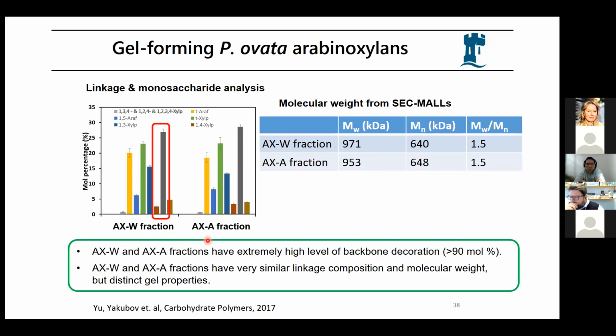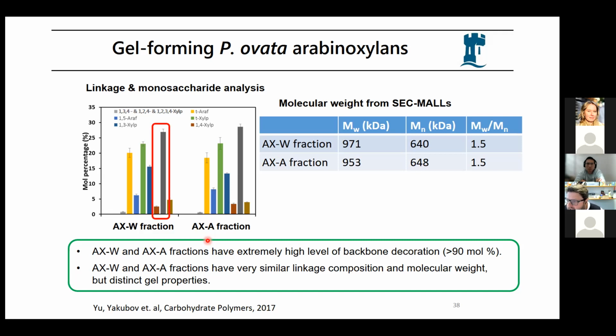The first thing, there was a very high level of backbone decoration, almost higher than 90%. It's actually closer to 95%. So only every 20th unit of the backbone is unsubstituted. The rest of them are decorated with side chains.